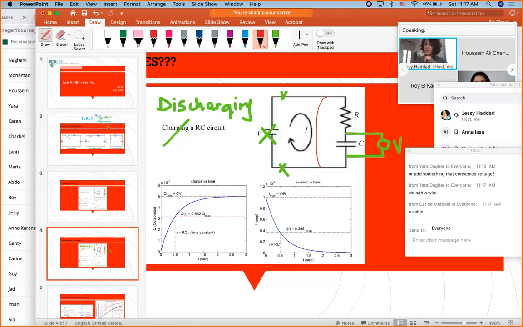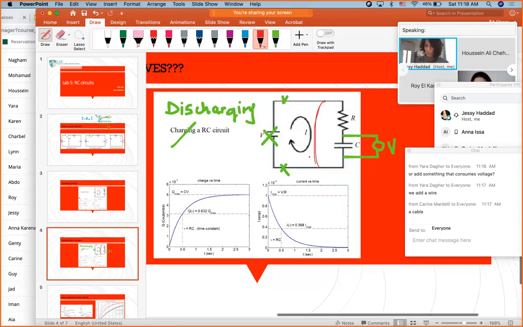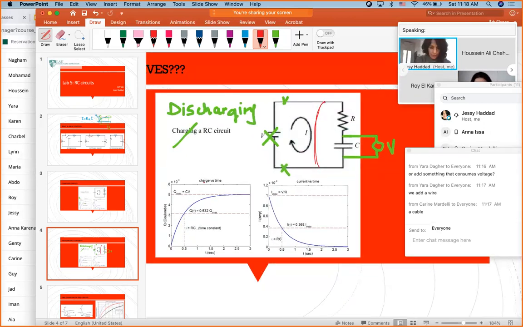However, experimentally, you have some leakage in the atmosphere. You will see a very small decrease and you would think this is discharge. Discharge will only happen whenever you connect with a cable for it to start discharging in the resistor. Okay? So yes, discharge is gonna happen and now the curve is gonna look different.